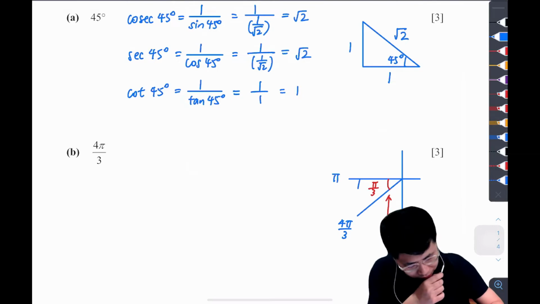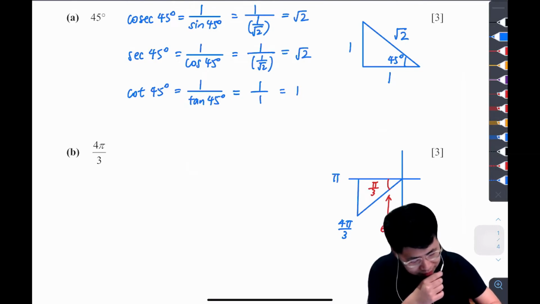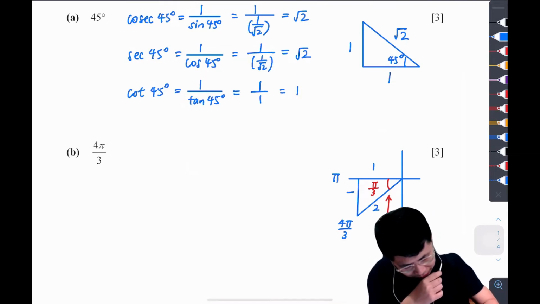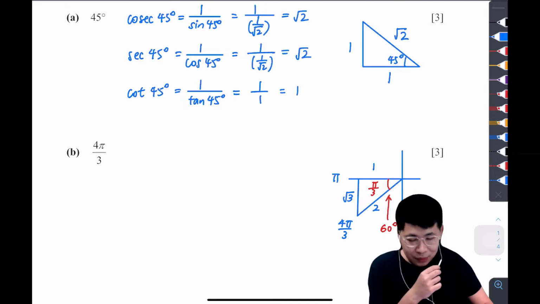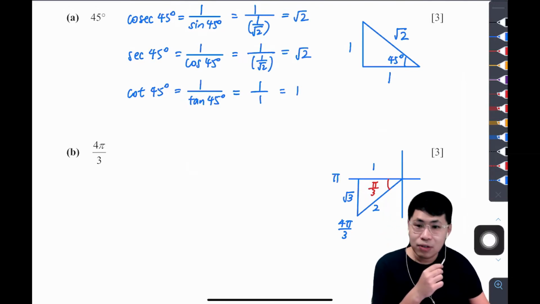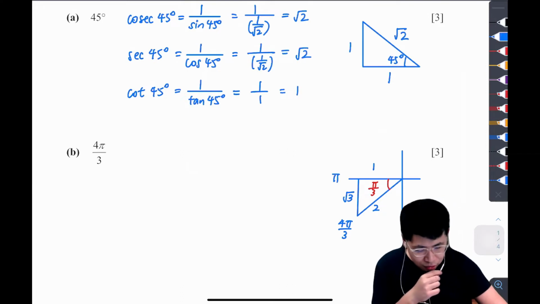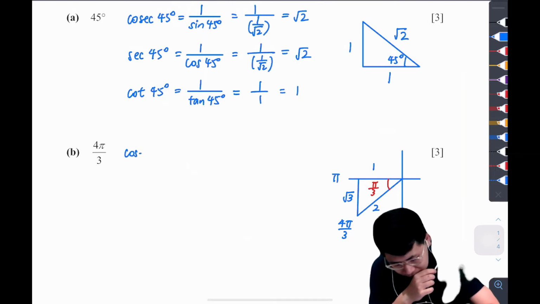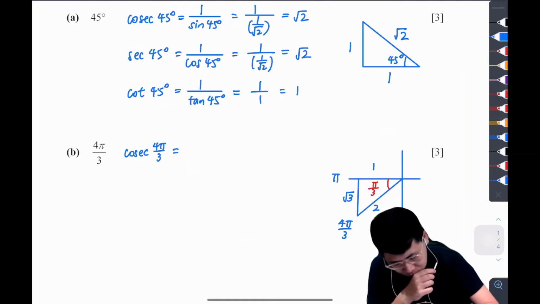So let me draw out the 60 degrees triangle. For the 60 degrees, this side is 1, hypotenuse is 2, and the opposite would be root 3. So I have this triangle over here, and then let's go with 4 pi over 3. Cosecant of 4 pi over 3 is equal to 1 over sine of 4 pi over 3.